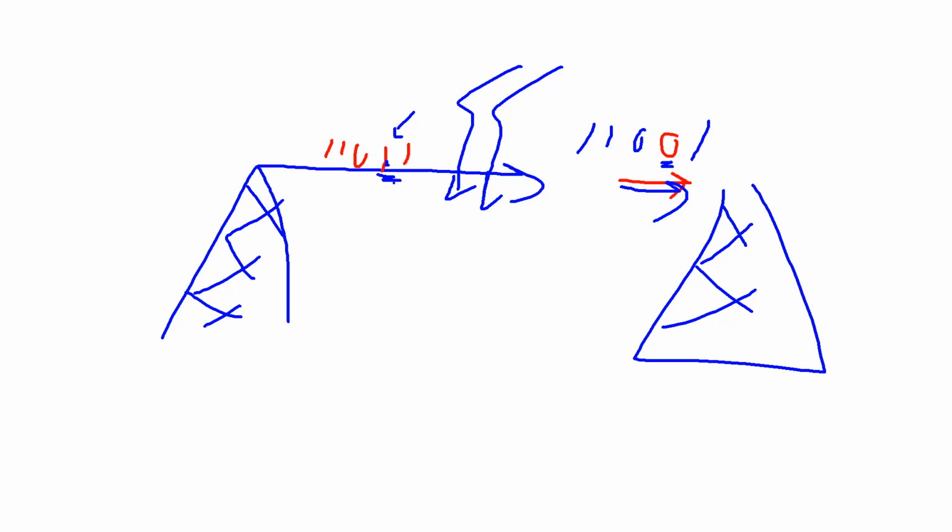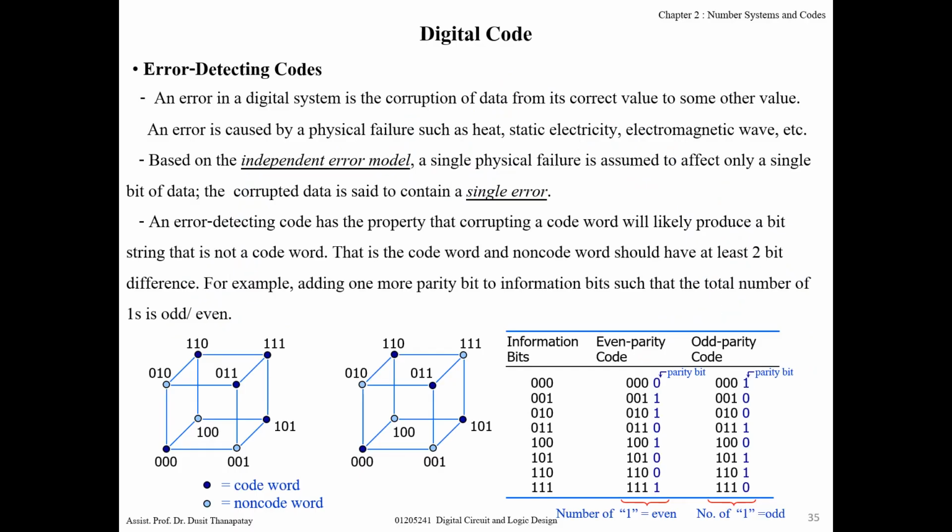If it changes only one bit, it's called a single bit change or single error. Also a 2-bit error is possible, and a 3-bit error is also possible. Anyway, based on the independent error model, the highest possibility that can occur is just a single bit, or single error.